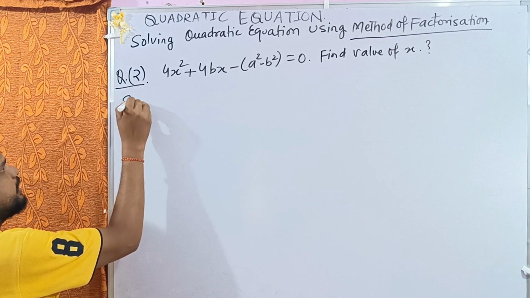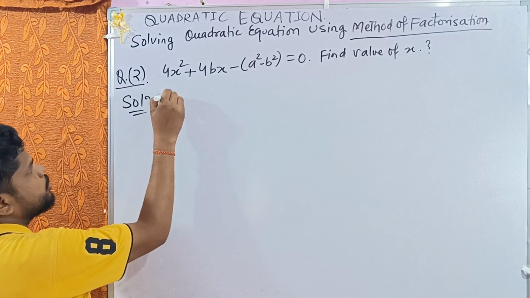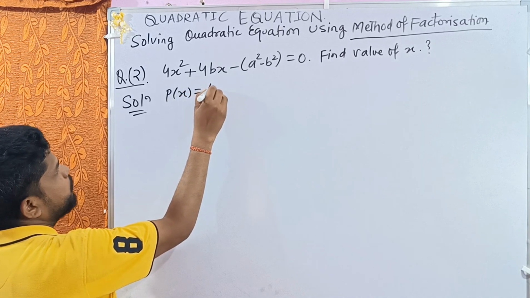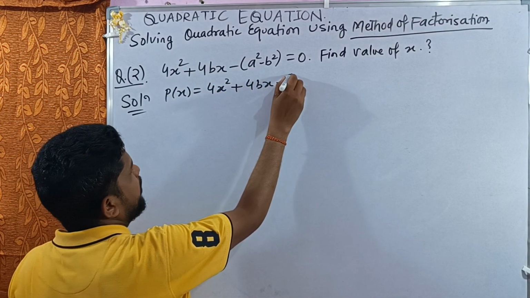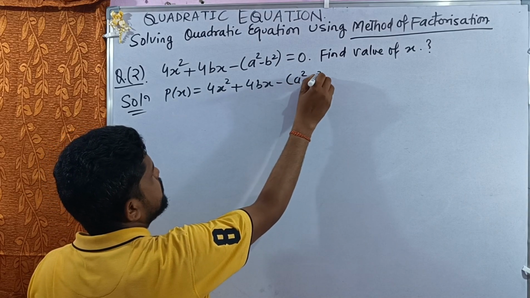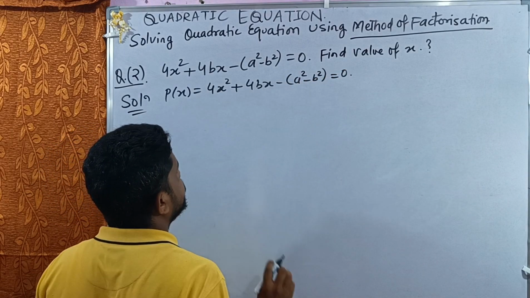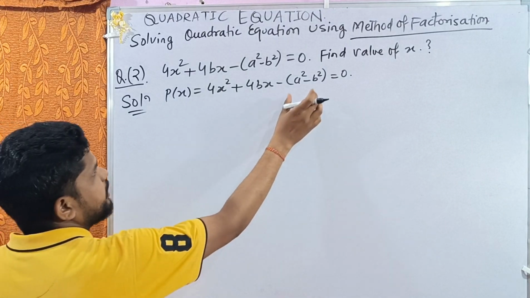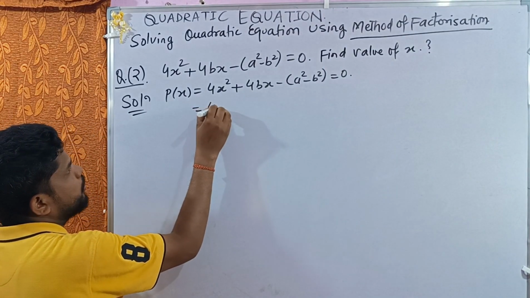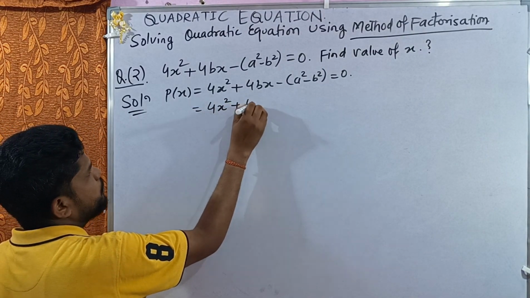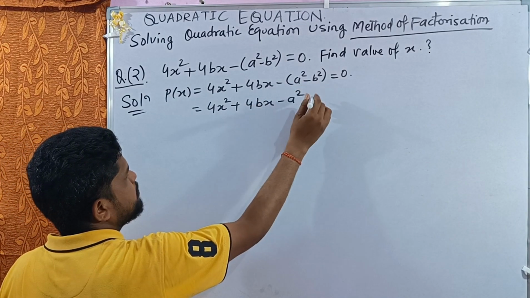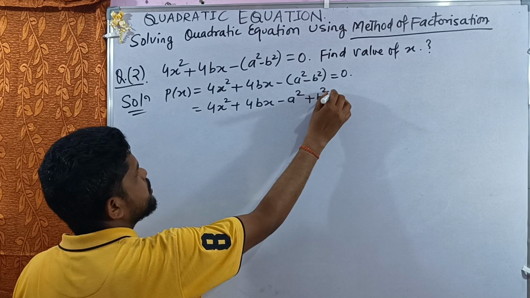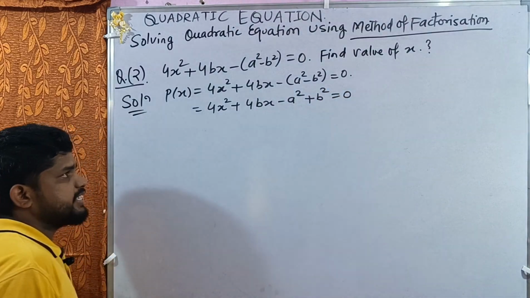So the solution starts here. Given p of x is 4x square plus 4bx minus (a square minus b square) equals 0. If we open this bracket, we will get 4x square plus 4bx minus a square plus b square equals 0, isn't it?